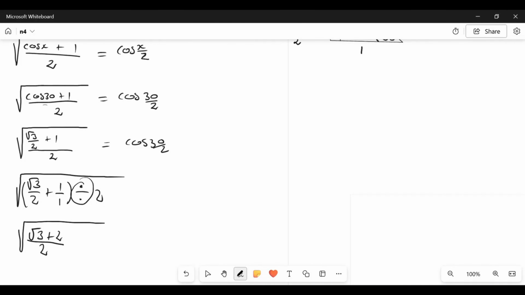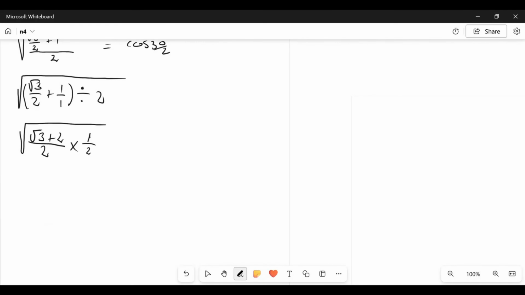Instead of writing this division here, we can write it as multiplication. If you write it as multiplication, it means they're going to swap. You're going to have 1 over 2, where 2 becomes the denominator and 1 becomes the numerator. So let's continue. Let us not forget this is equal to cos 30 degrees divided by 2. Both of them are still equal to cos 30 degrees over 2.